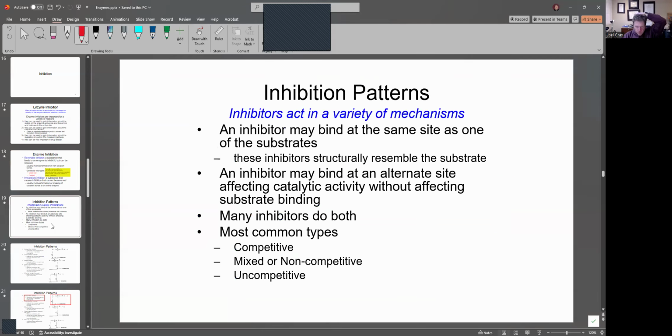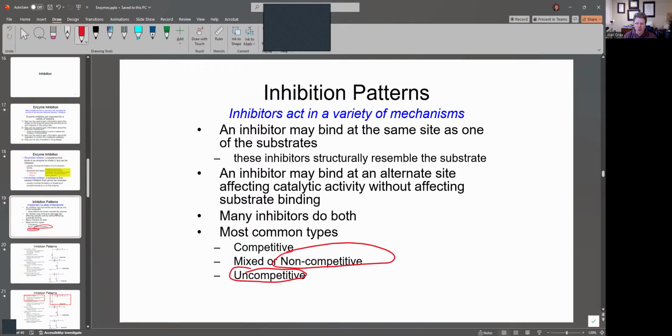Now, inhibitors act in a number of different ways. The most common types of inhibitors that we will talk about in this class are competitive, mixed or non-competitive, and uncompetitive. I want you to make sure that you recognize that uncompetitive and non-competitive are different from one another.